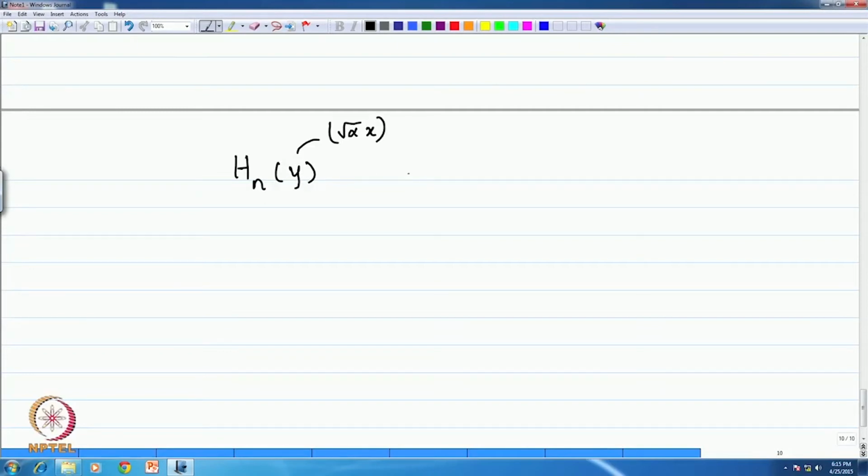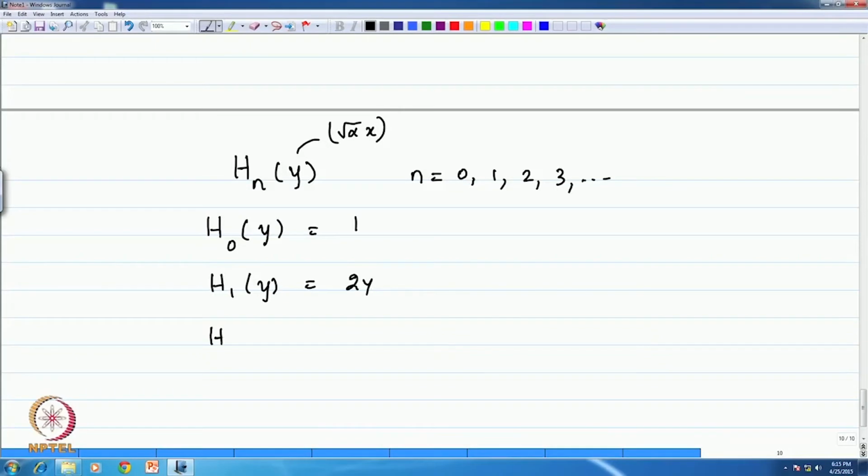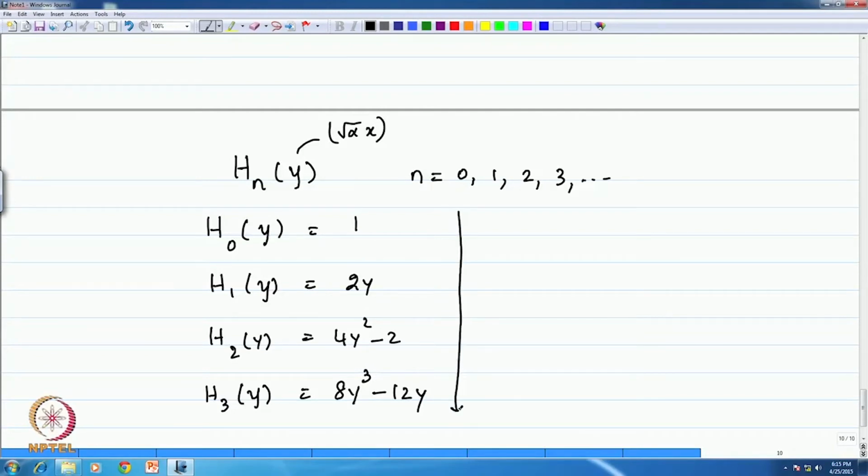If I write Hn of y, with n equal to 0, 1, 2, 3, etc., then the results are already known, namely H0 of y is 1, H1 of y is 2y, H2 of y is 4y square minus 2, H3 of y is equal to 8y cube minus 12y, and so on.